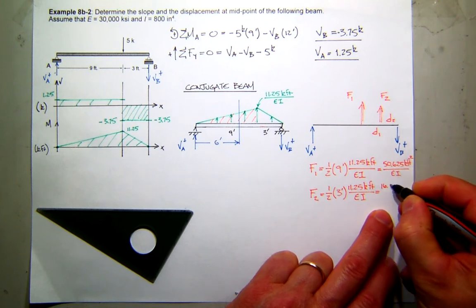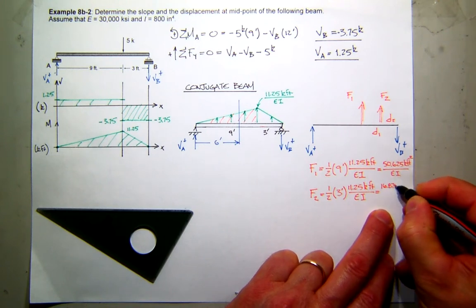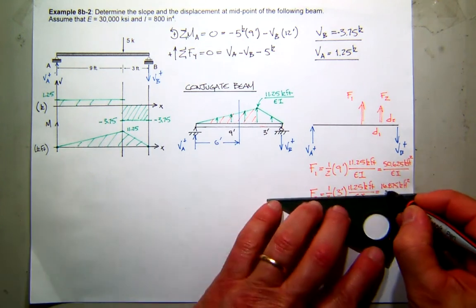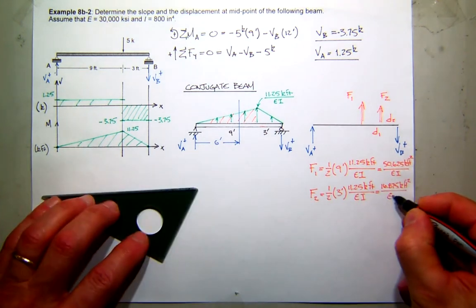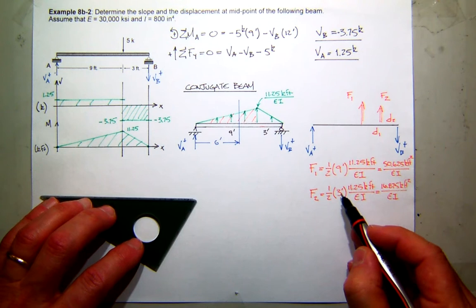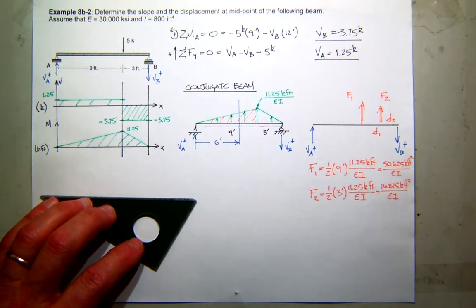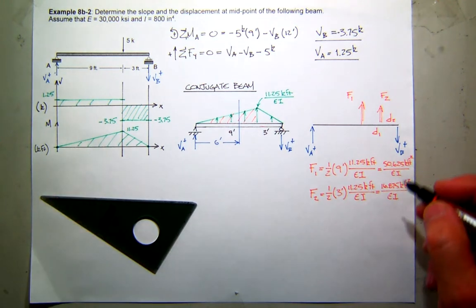Let's see if I can squeeze that in there. And again, that's going to be kip feet squared over EI. So I've got feet times feet, that's why I get the square, and then the kip.